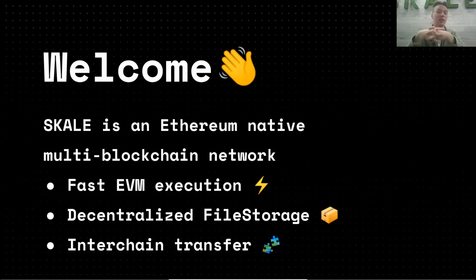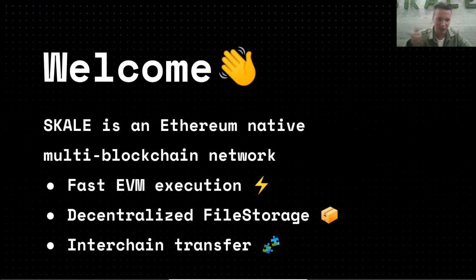What is SKALE? SKALE is an Ethereum native multi-blockchain network that is fully compatible with Ethereum, with all the tools that work with Ethereum, like Web3.js, Remix, Truffle, OpenZeppelin, and so on.